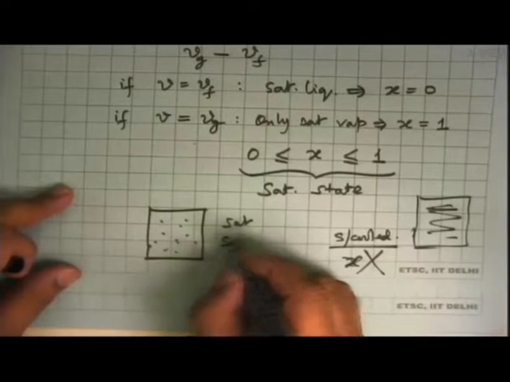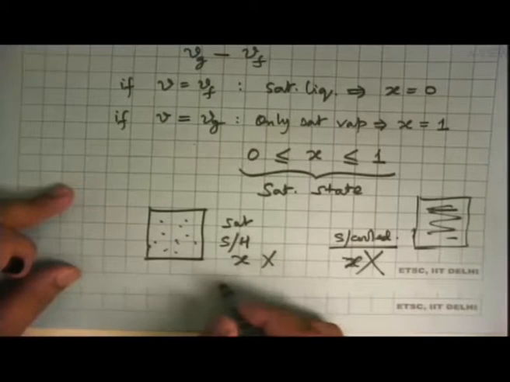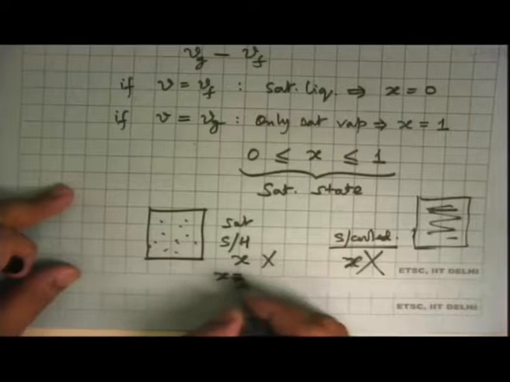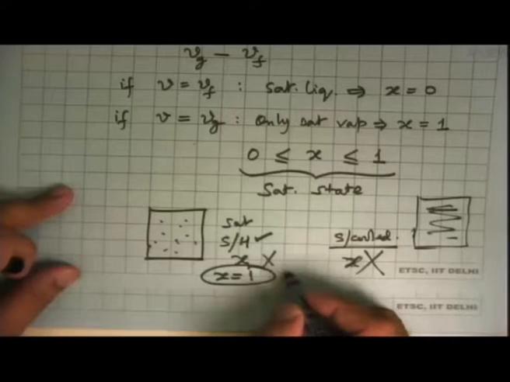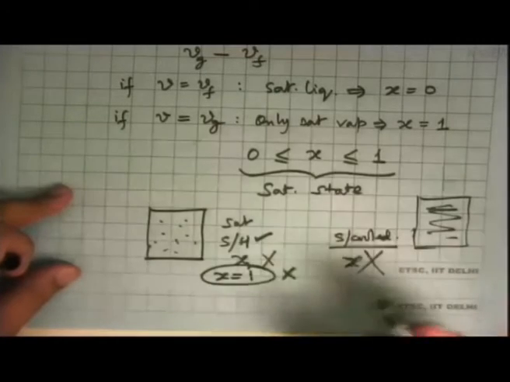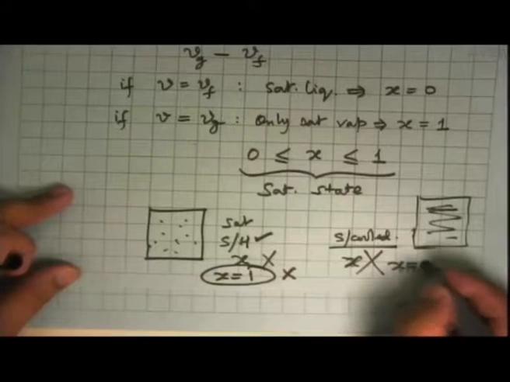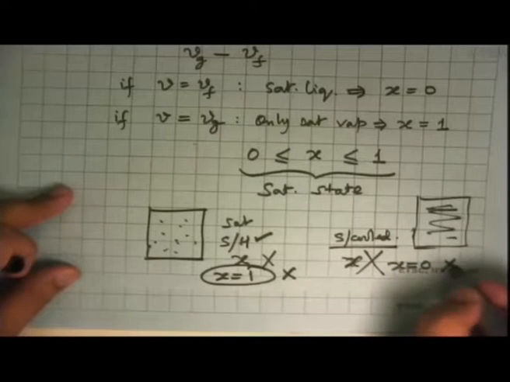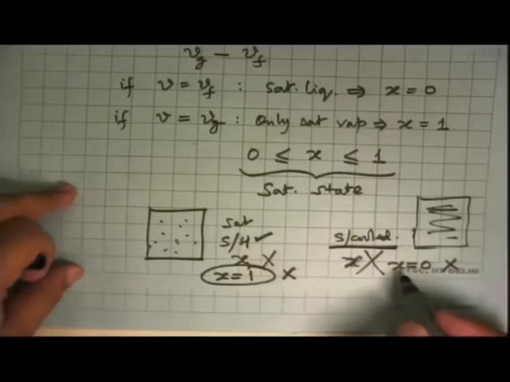But if this is superheated vapor, then x is not defined. Sometimes somebody will write x is equal to 1, even though it is a superheated state. That's wrong. And same thing, if subcooled liquid is there, one says, no, there is only liquid there, so x is equal to 0. That's incorrect, because the state is subcooled, and for that, dryness fraction is not defined.